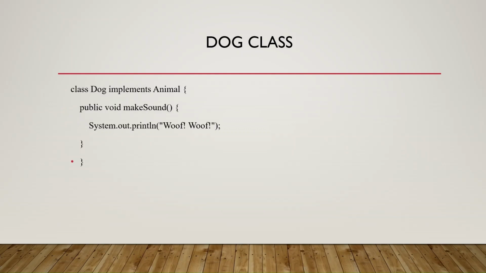The dog and cat classes implement the animal interface, providing their own implementations of make sound. This design ensures flexibility since different animals can be introduced without modifying existing code. Just add a new class implementing animal.